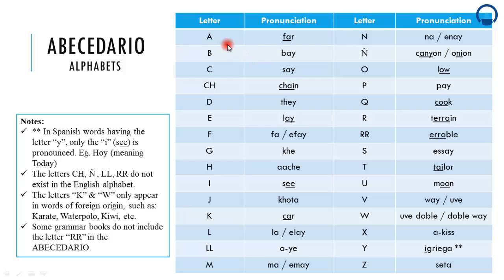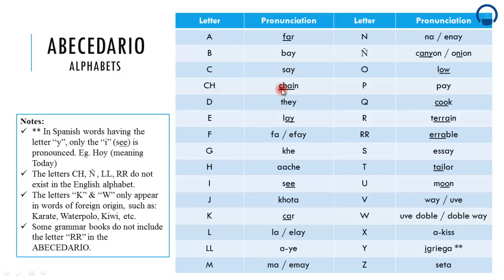So let's start. A is pronounced as A, and the underline means how it is pronounced in this English word, far. In this we get the pronunciation of A. That's why we pronounce the letter A in Spanish as A. B is be. C is say.